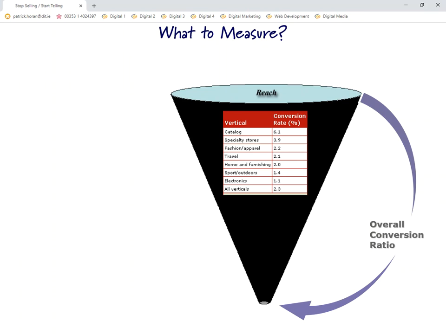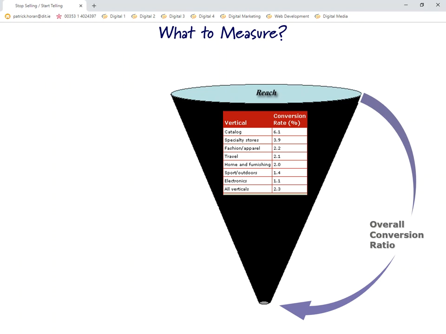So the people landing on your site and leaving straight away without doing anything else. Or it could be somebody going all the way through the process, and then when they get to the actual checkout, they abandon their shopping cart, which is a very common happening. So with these kind of things, we can track where exactly they are on the conversion funnel or the sales funnel.